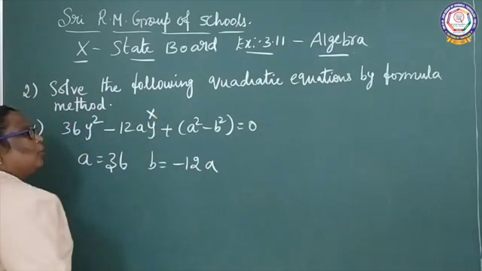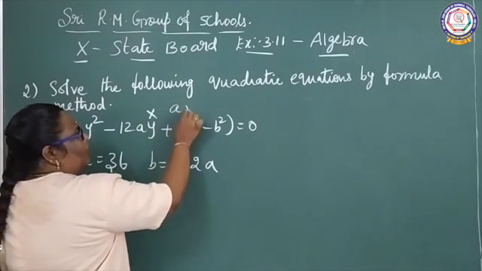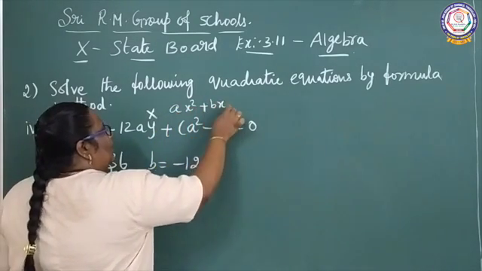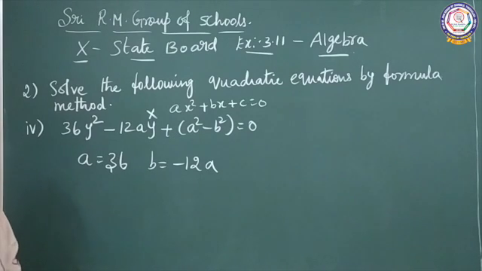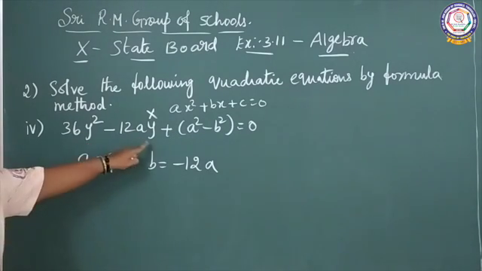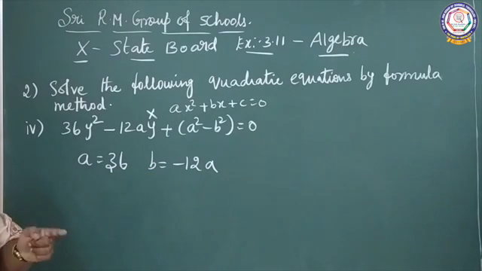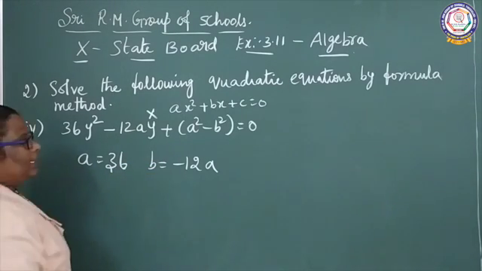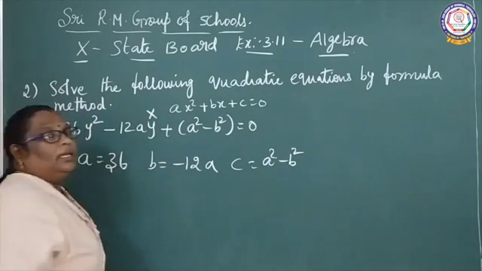The coefficient of y is the b term, and the coefficient of y square is the a term, as in the quadratic equation ax square plus bx plus c equal to 0. You take the sign along with it. c equal to a square minus b square.